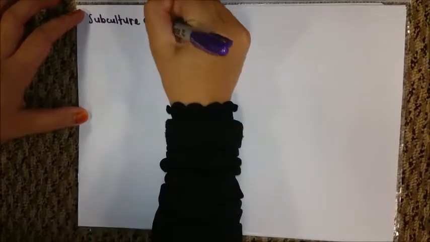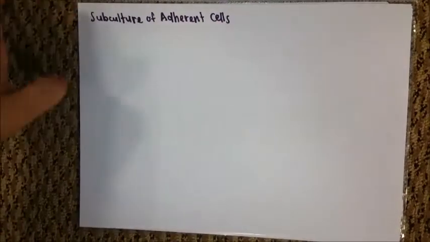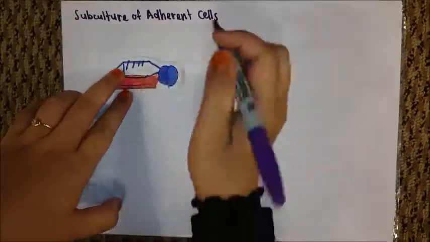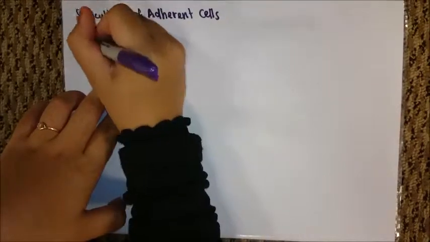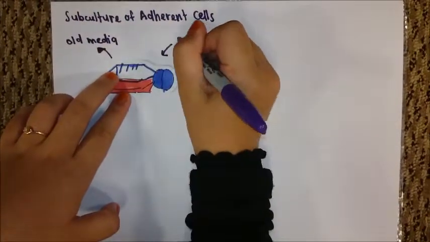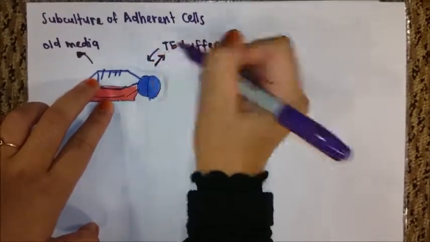The adherent cells can be subcultured to increase the number of cells. To subculture adherent amniocytes, the old medium has to be removed. TE buffer is added to wash cells.